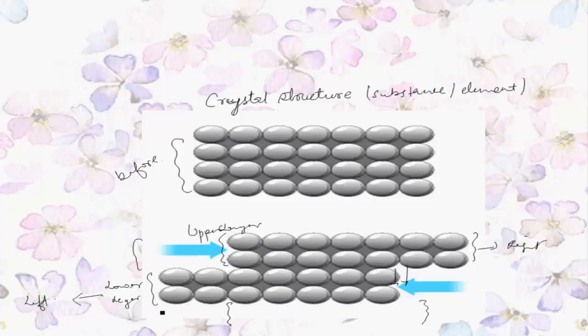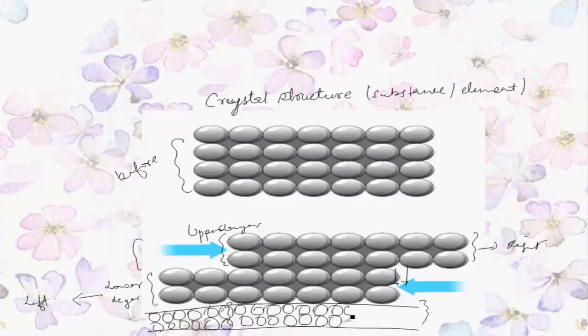So the new structure which will be created is like this. This is the lower layer which was shifted to the left side due to the forces applied, and this is the upper layer, settled down in the space which was left by the lower layer. So this is the second phase after the forces are applied.